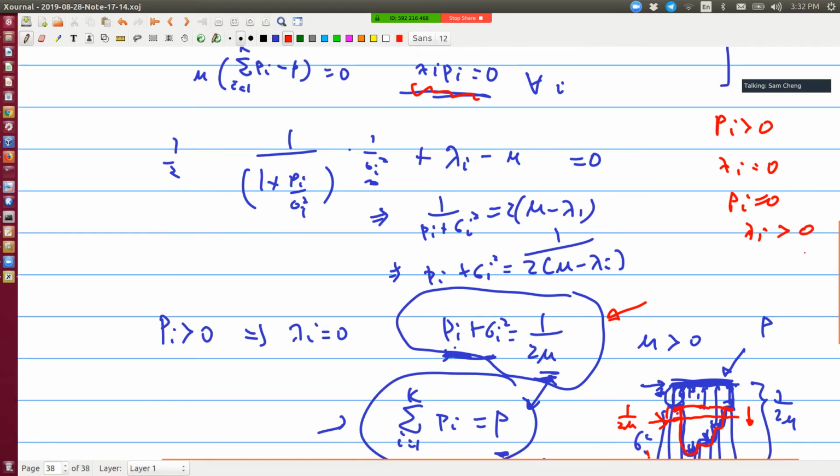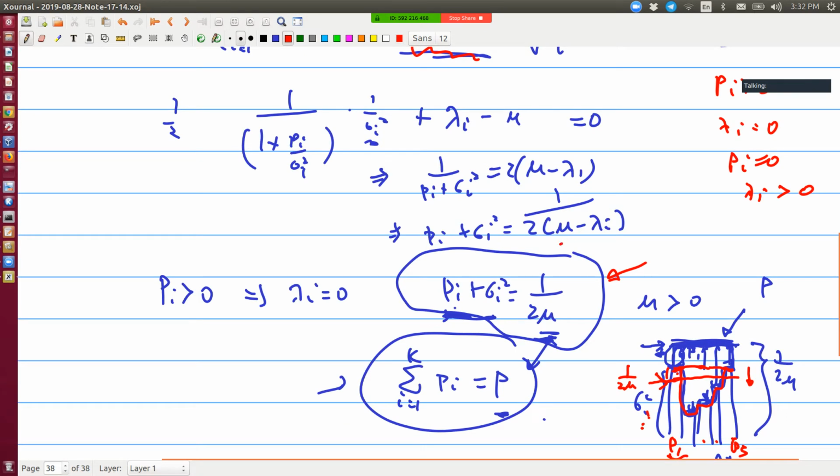In this case lambda 1 is no longer equal to 0. This is equal to 1 over 2 mu, but this level here is equal to 1 over 2 mu minus lambda 1, and this exactly gives us P1 equal to 0.